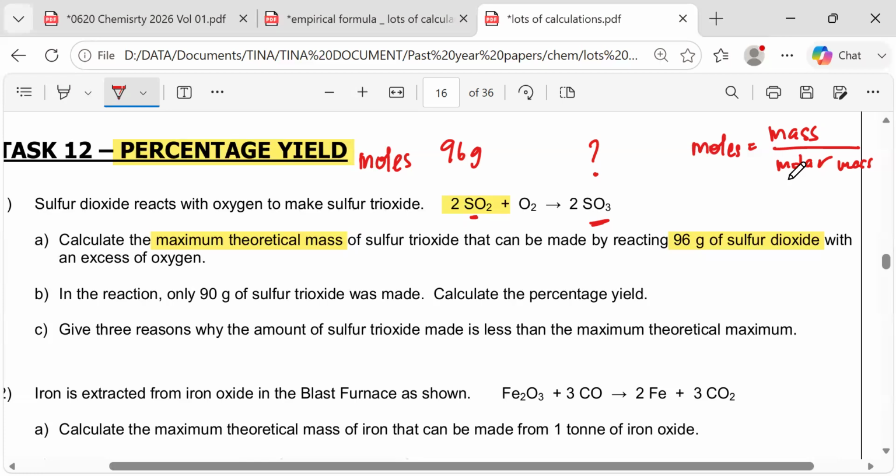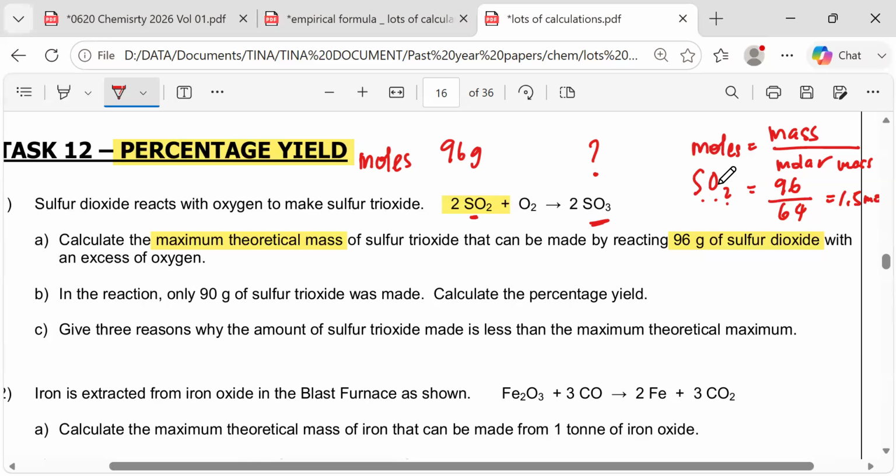So for sulfur dioxide, mass is 96 grams. 32 plus 16 times 2 is 64, right? So you get 1.5 moles. Oh, sulfur dioxide, 16, 32. 32 plus 32 is 64. Oh, wait, this was 32.